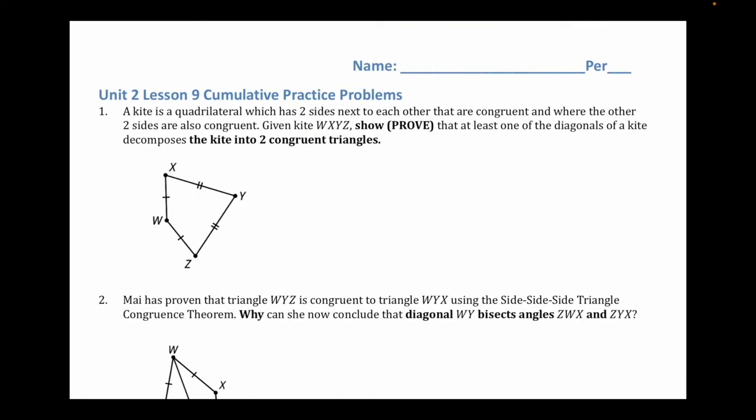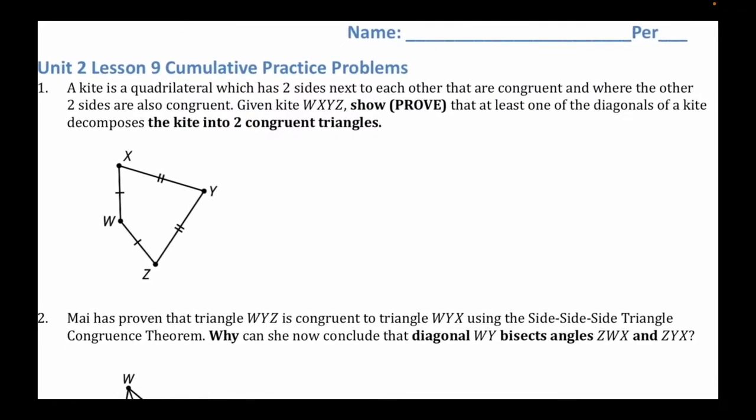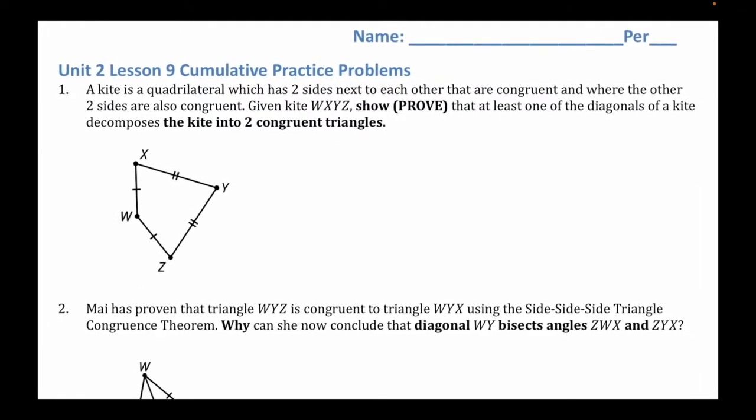Okay, so based on that, let's start writing some explanations here. We're going to state a couple things that they give us just based on these markings. So I can say segment WX is congruent to segment WZ, because they gave me that.